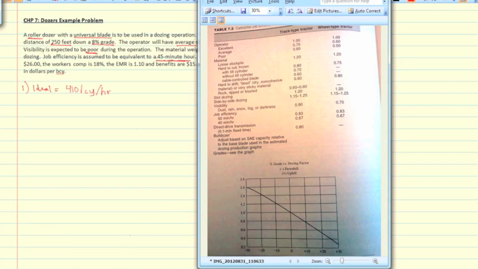This is table 7.2 on page 192 of your book, so you can go ahead and flip there. You can see all the different correction factors. So we want to make sure that we take into account all of these. If you miss one, then you're going to have an issue.